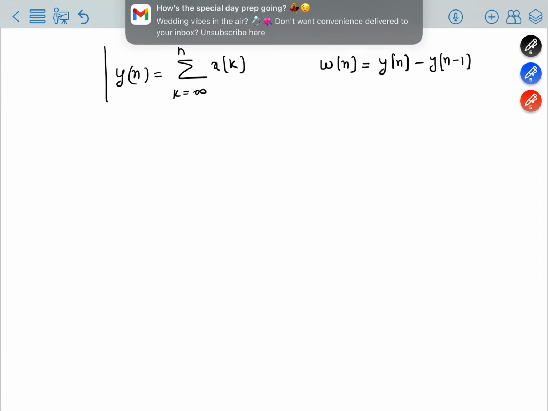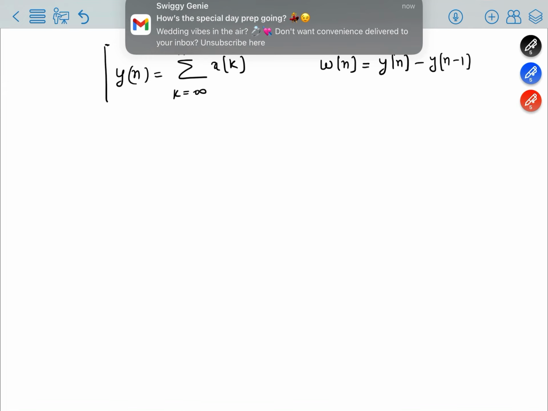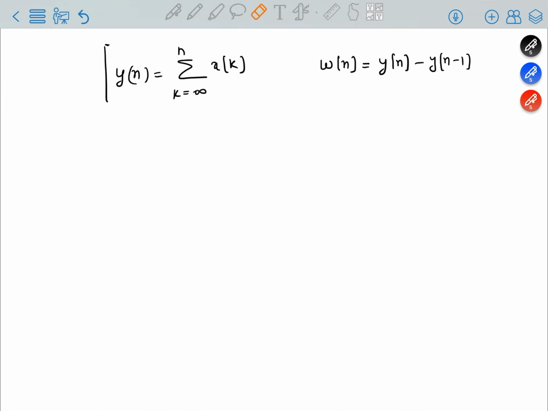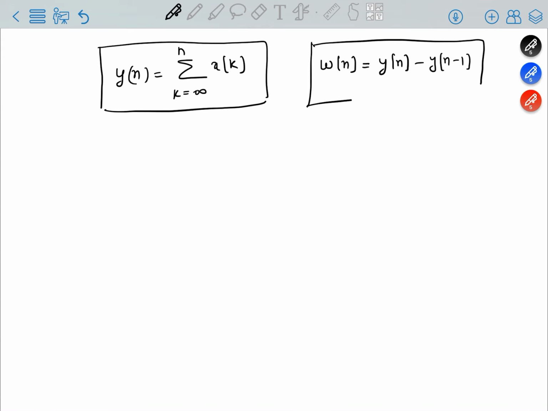And if we cascade these two systems, we will get the input. So these are a few examples of invertible systems.